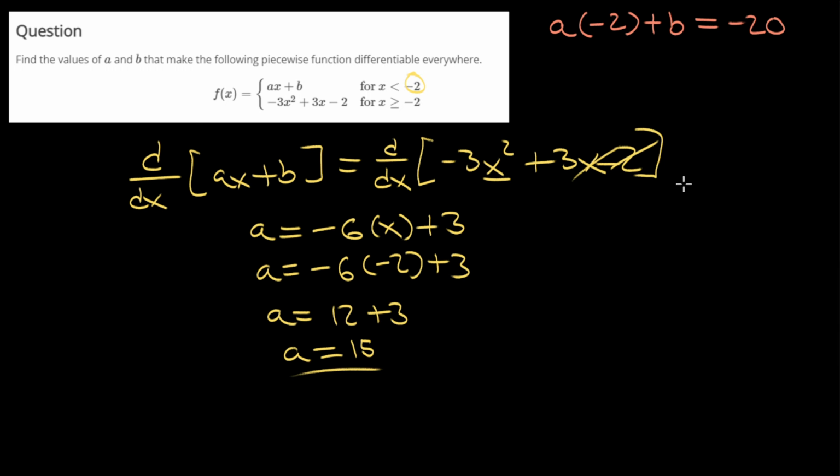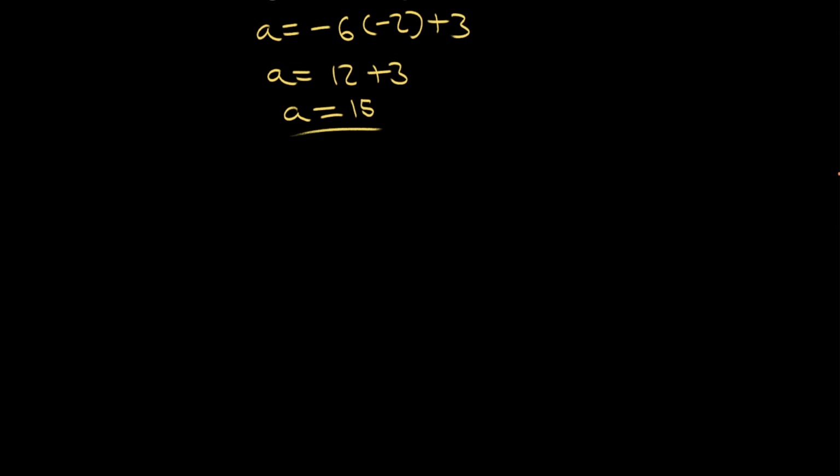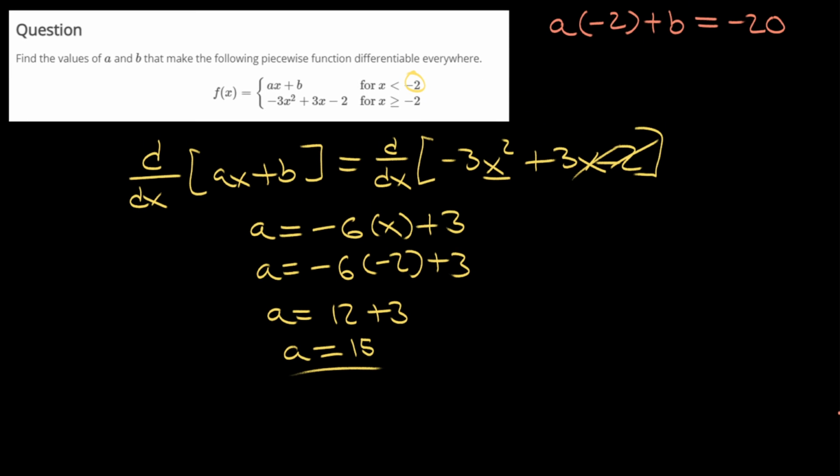And we could use that in this equation up here to solve it for sure. So we have 15 times -2 plus b equals -20, right? 15 times -2 is actually -30 plus b equals -20.